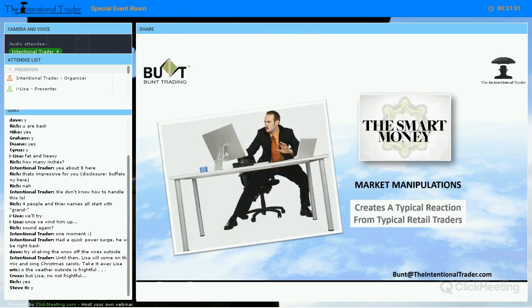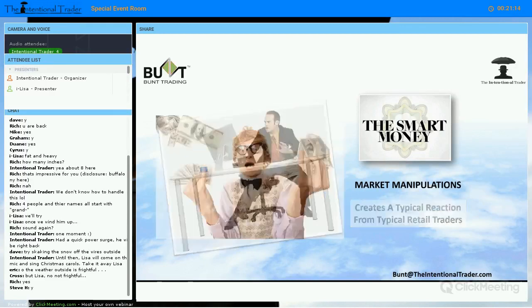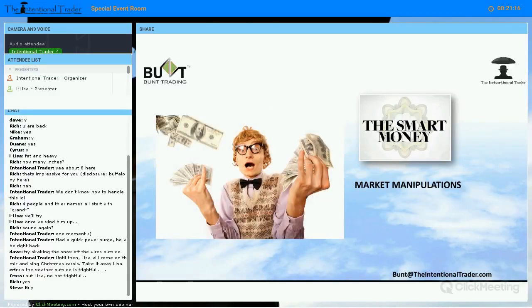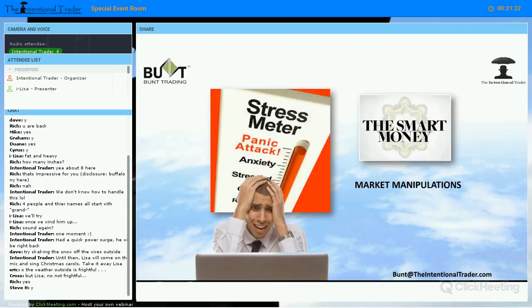Every time they do it, it creates a typical reaction, or set of reactions, from us typical retail traders. Okay? So what happens is when you have the market manipulations going on, we have people that will suddenly start taking profits. We have people that will suddenly start panicking.